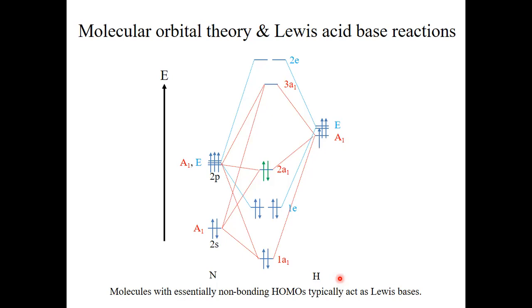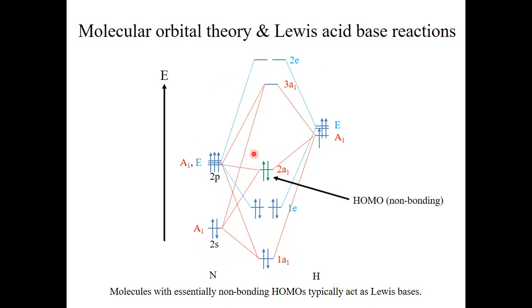So how can we understand this? Let us first look at the Lewis bases. For instance, as we saw before, the NH3 molecule is a Lewis base, and you can see here the molecular orbital diagram of the ammonia molecule again.